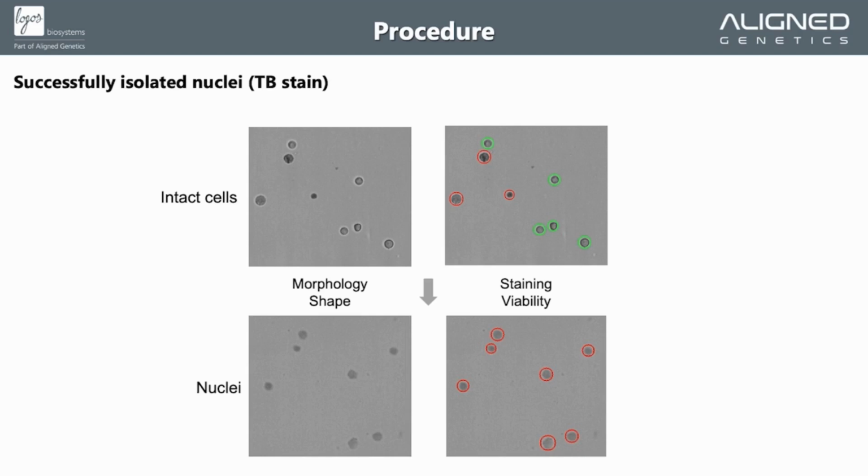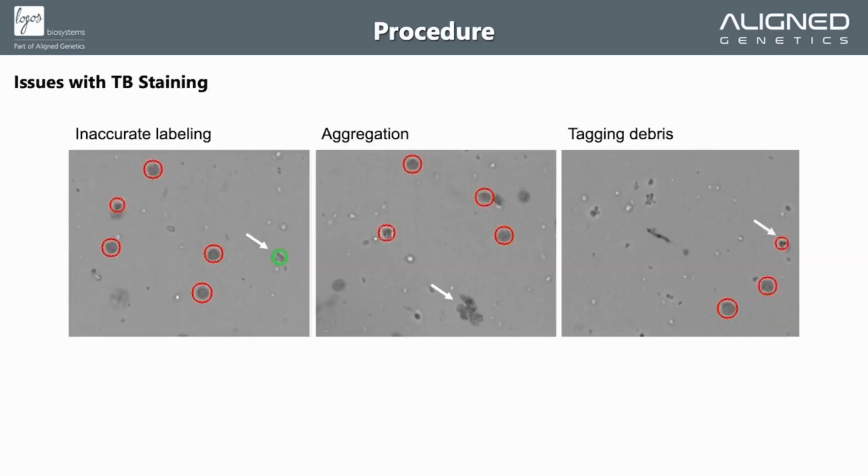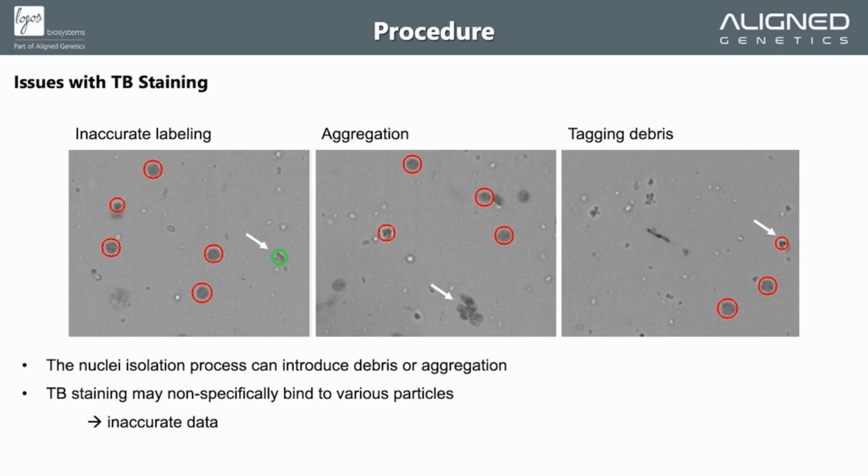However, we do not recommend using trypan blue with nuclei samples. And there are several reasons. The nuclei isolation process can introduce debris or aggregation, which may affect the accuracy of staining results overall.